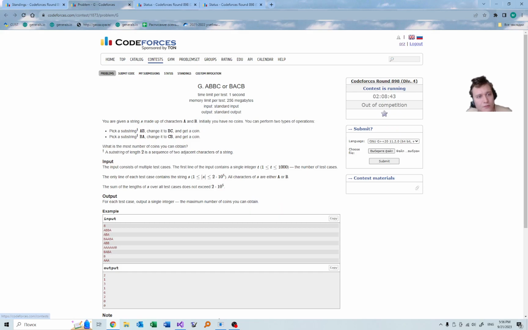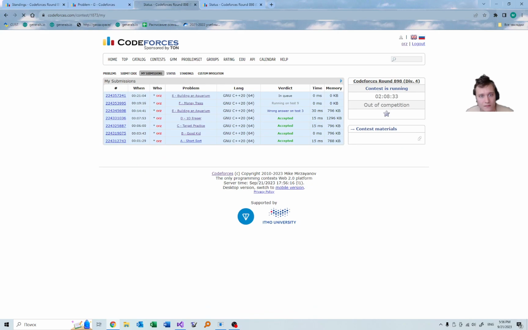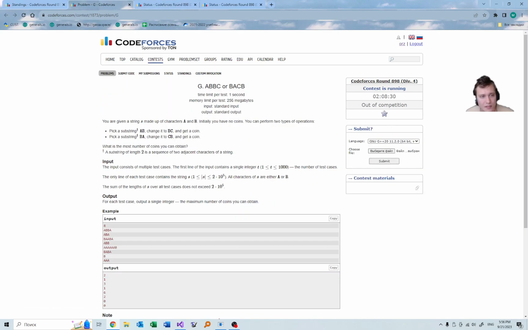The queue is so huge. You're given a string S made of characters A and B. Pick substring AB, change it to BC, and get a coin. Also, we can take BA, change to CB, and get a coin. So the number of coins is no more than the number of A's in the string.